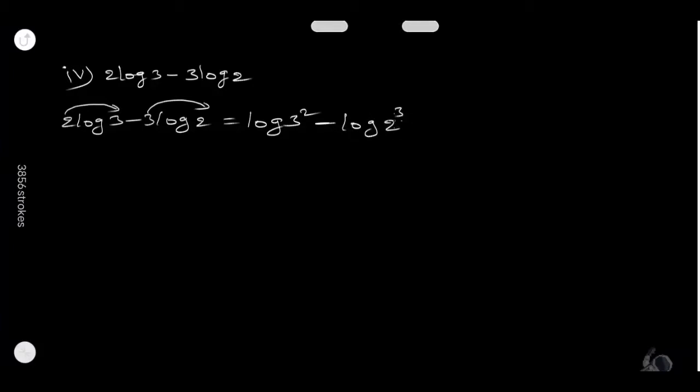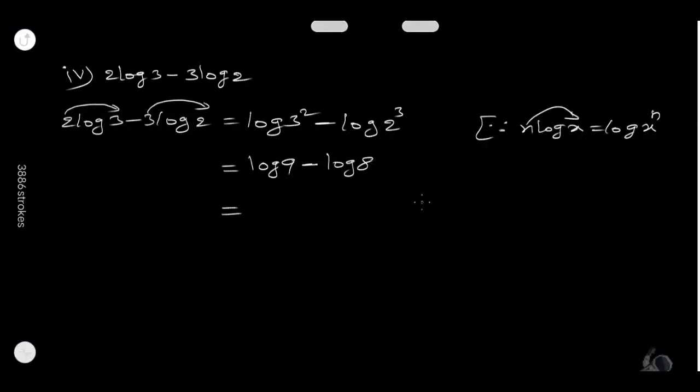So log 2 power 3. Since we have the power formula n log x equal to log x to the power of n. So log 3 square minus log 2 cube equal to log 9 minus log 2 cube, 2 into 2 into 2, that is equal to 8.